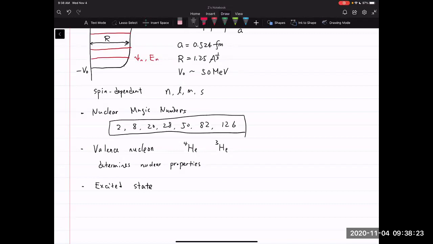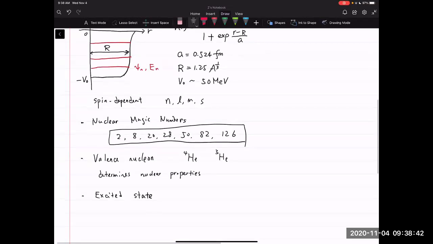Because of the energy difference in atomic physics, that light is roughly on the order of electron volts, so it can fall into the IR range, sometimes even the visible light range. In nuclear physics, we also have these multiple energy levels. We can also excite that particular nucleus, but the energy unit we have here is not electron volts, it's MeV.